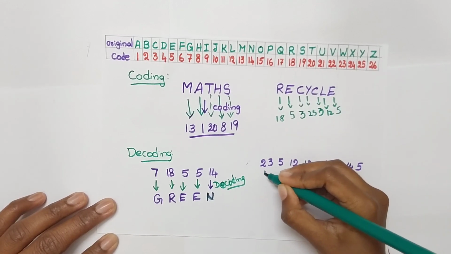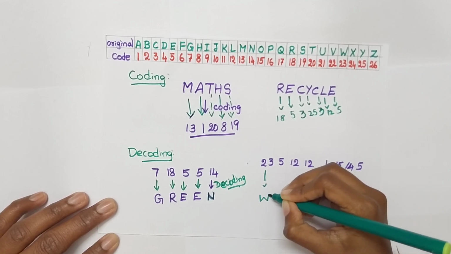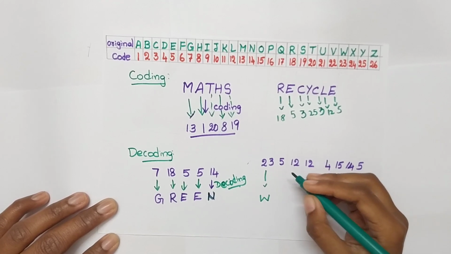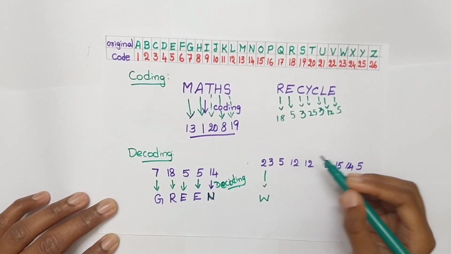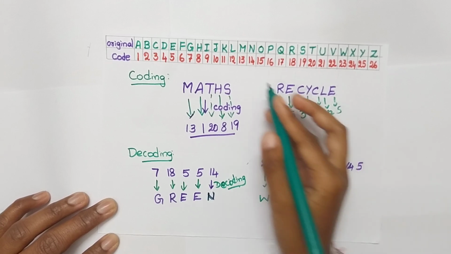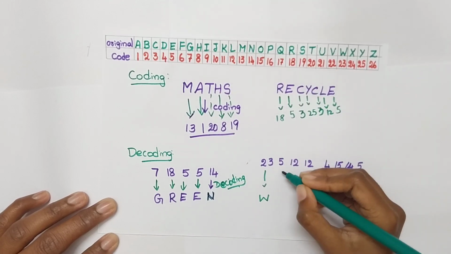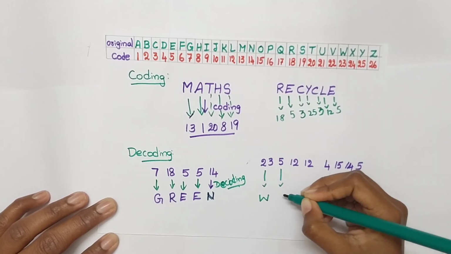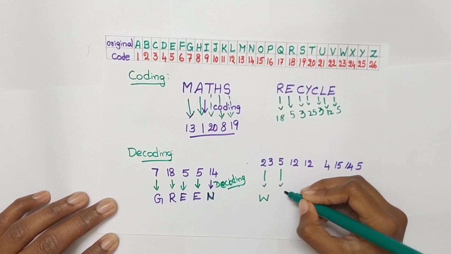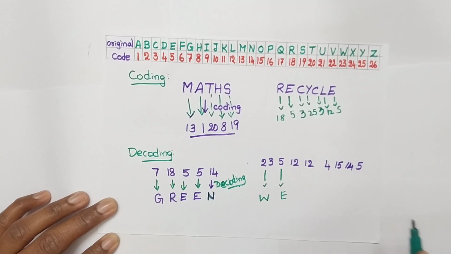For 23, we have to write W. We have decoded 23. Now only 7 numbers are there. So where is 5 in the second line? Here's the 5. Instead of 5, we decode and write E. Only 6 numbers are there.